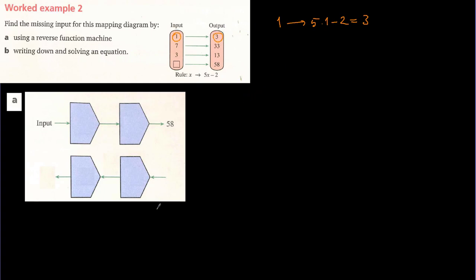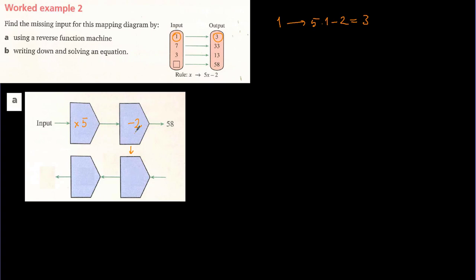It means we are going to find the missing input for the mapping diagram using a reverse function machine. Here, the function machine, let's write firstly, by using the rule, it's going to be times 5, then minus 2. If you do this, the result should be like this.